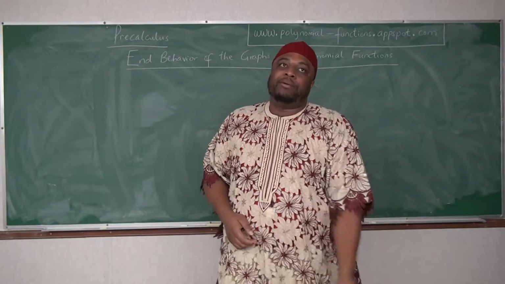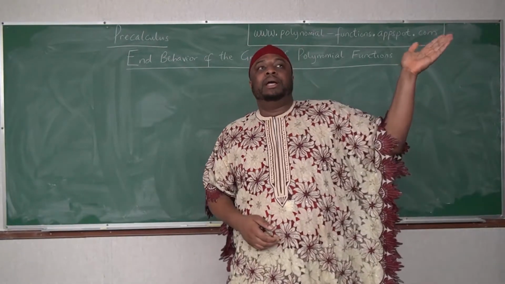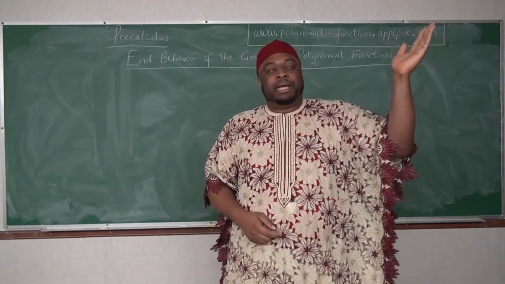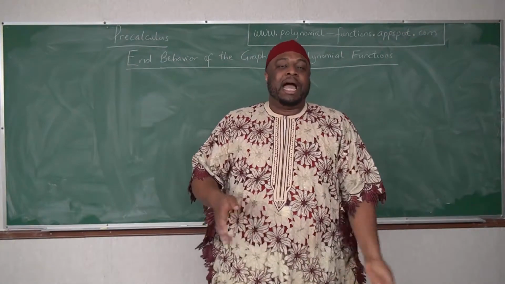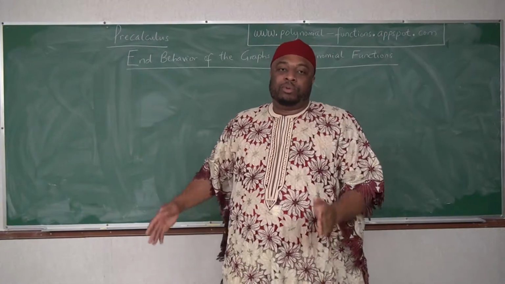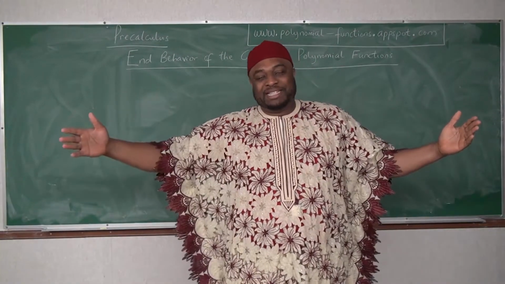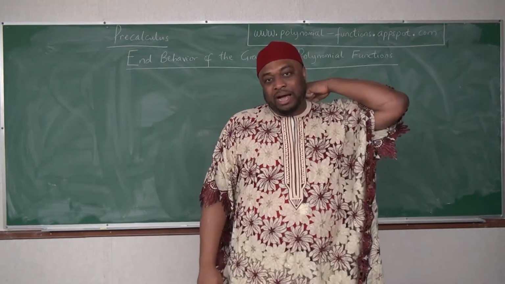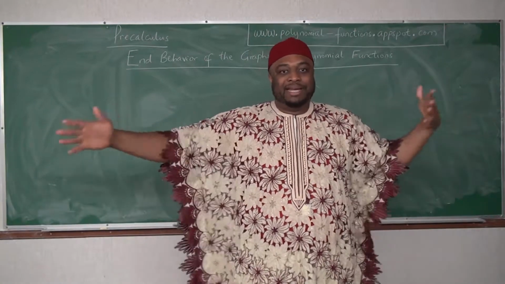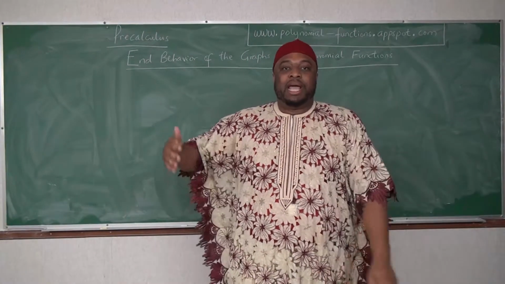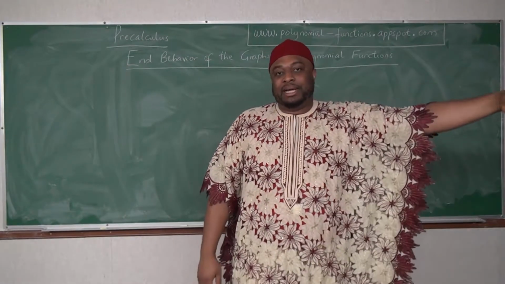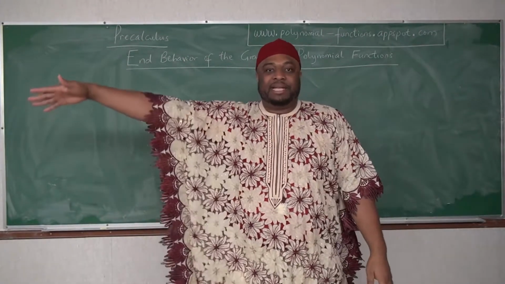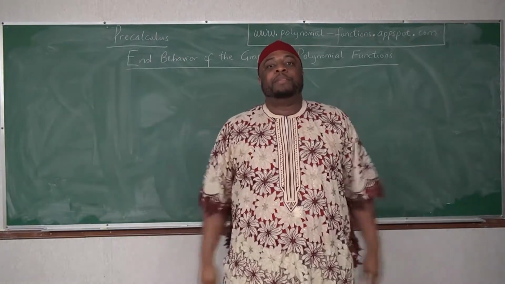Is it up or is it down? When we talk of the left end and the right end of the graph, how does the graph behave at the negative x end and at the positive x end?